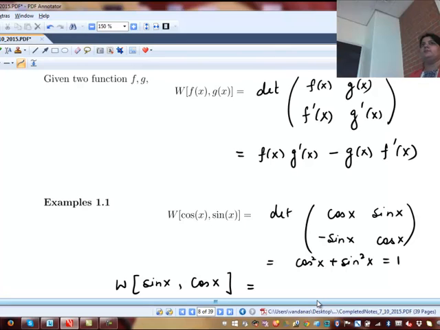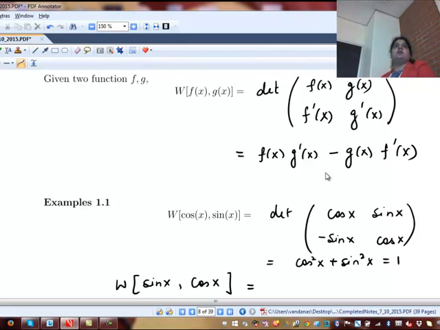Done? Here is the definition. You place the function sine here, cosine here, take the derivative of cosine, take the derivative of sine, find the determinant. What will you get?